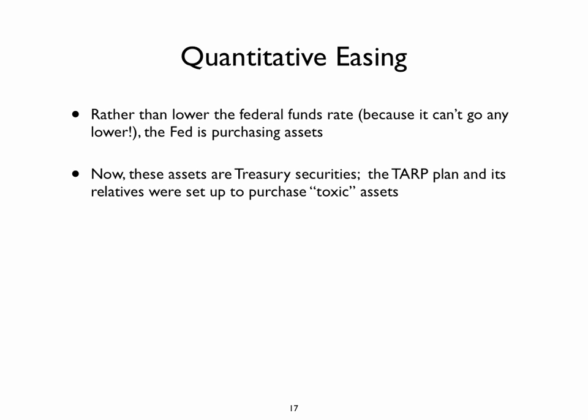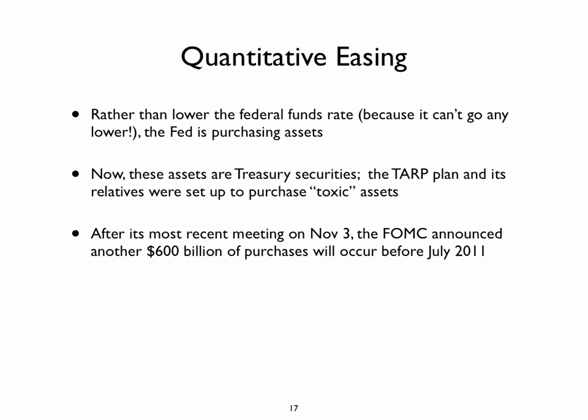So the TARP was set up, for example, to purchase toxic assets. We talked in class about how the Fed bought commercial paper, which is not toxic, but at the time they felt they needed to provide liquidity to the commercial paper market back in 2008, and they did. QE2, the most recent quantitative easing round, however, is all about buying Treasury securities.